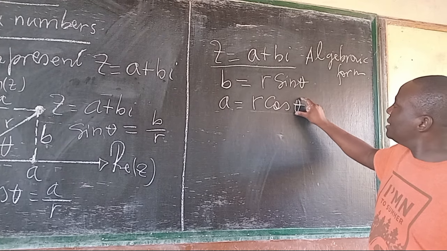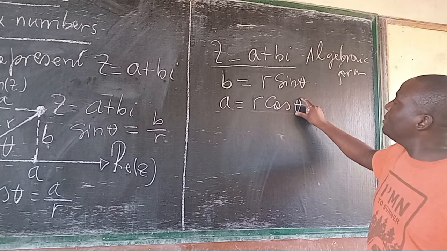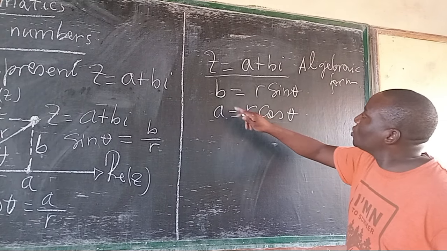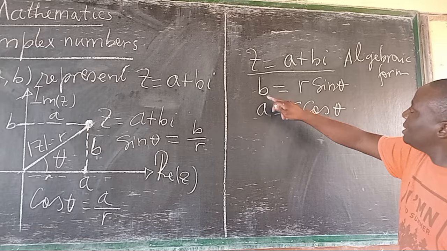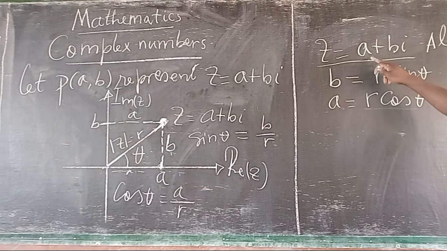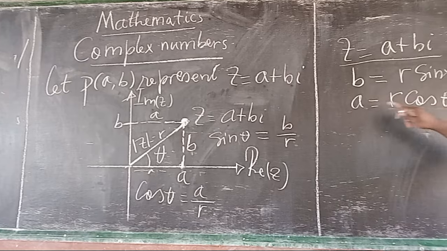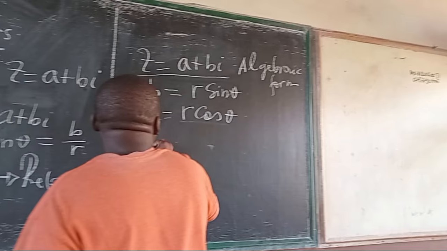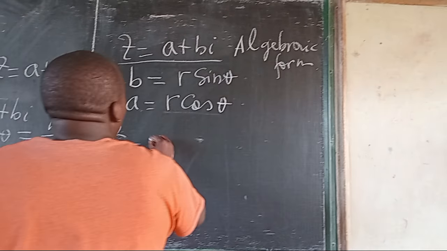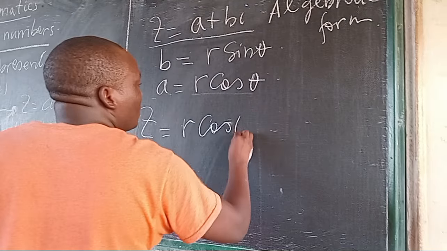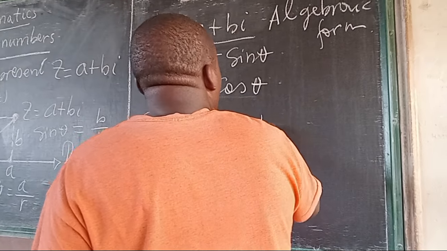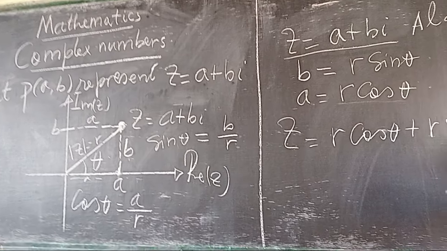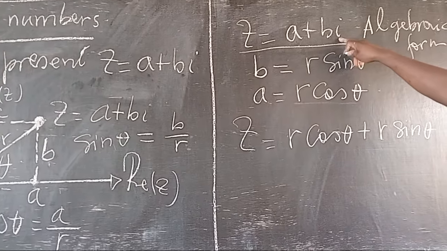And it is known this angle theta is called the argument of our complex number. I'm going to replace this real part with the corresponding value here. Real part equal to this one, and the imaginary part equal to this one. Then the complex number Z must be equal to how many? Real part, R cosine of an angle theta, then positive R sine of an angle theta as B, but on B there is i.